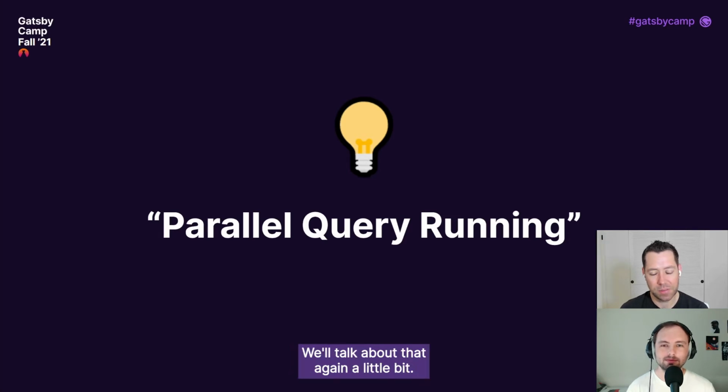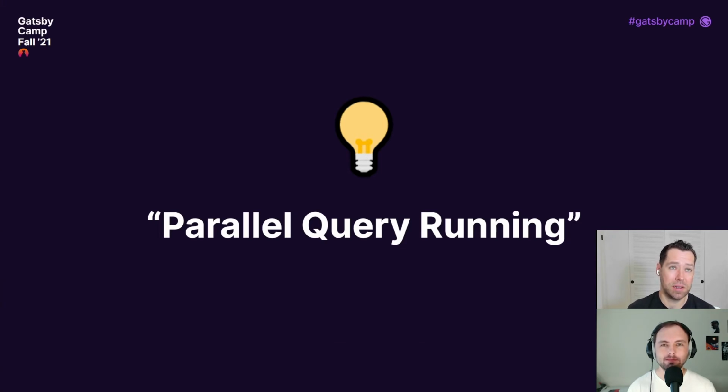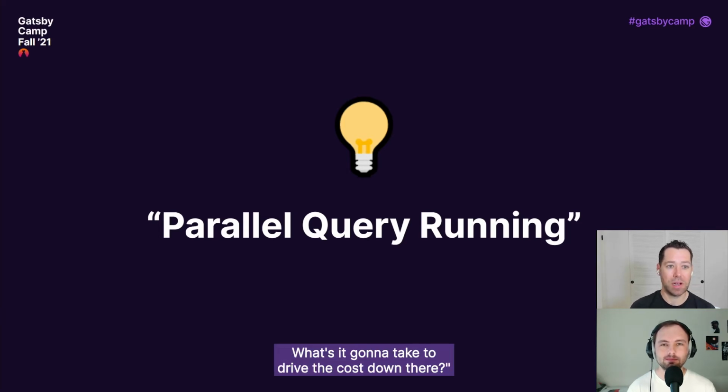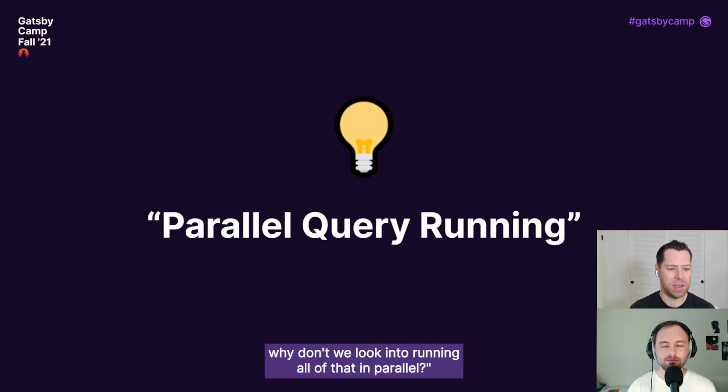We'll talk about that again a little bit, but there were a number of optimizations we made along the way. We thought, well, query running is such an important and expensive step of the build process. How can we re-architect? What's it going to take to drive the cost down there? And so we said, why don't we look into running all of that in parallel?